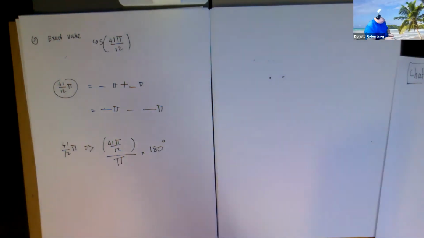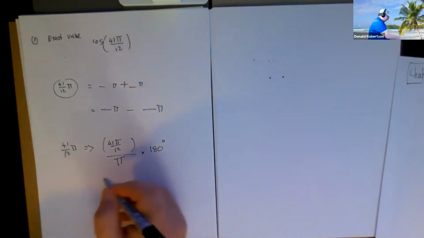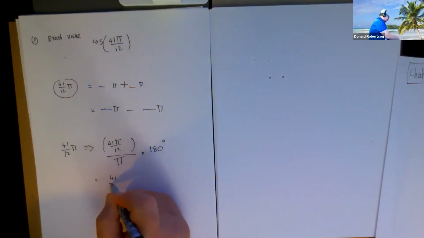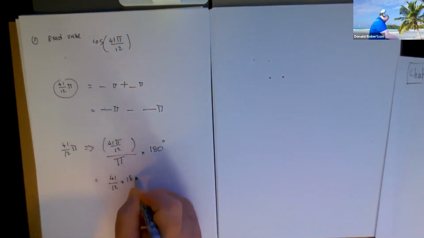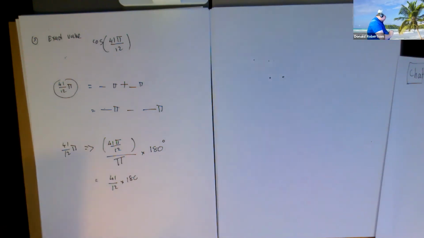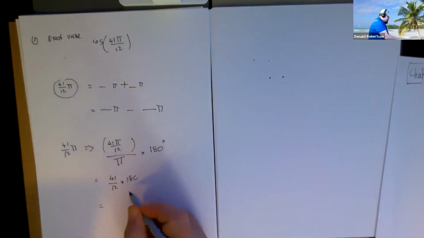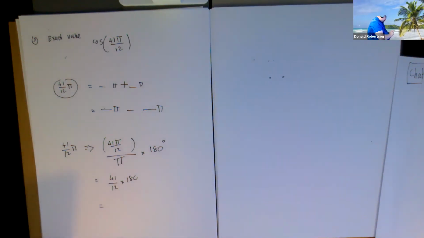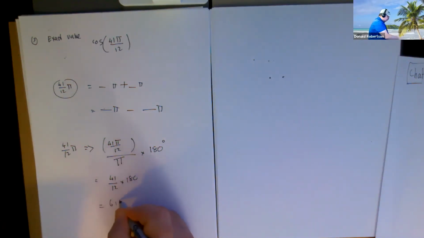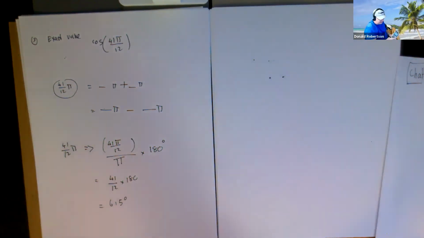Now, I'm just going to do that because it might make your brain work a little bit better. If you cancel the pi's, I'm going to do 180 divided by 12, and I get 15. Then 15 times 41, I get 615 degrees.